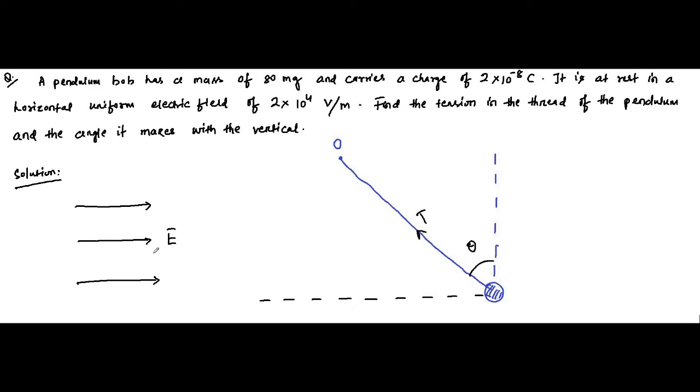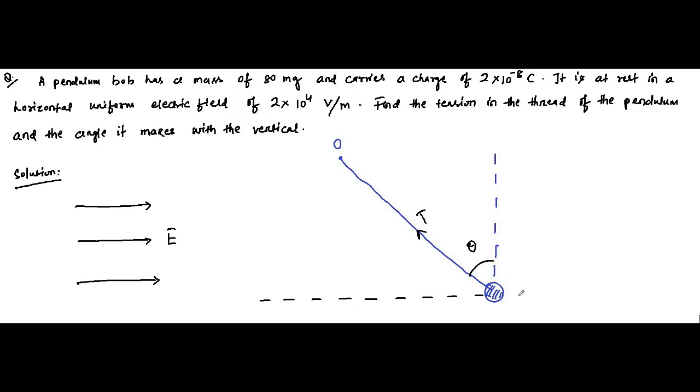Pendulum is suspended. So here a number of forces will be acting on this pendulum bob, and our job is to balance these forces, resolve them into the horizontal and vertical axis, and then get the solution. Let us see how we'll do that.